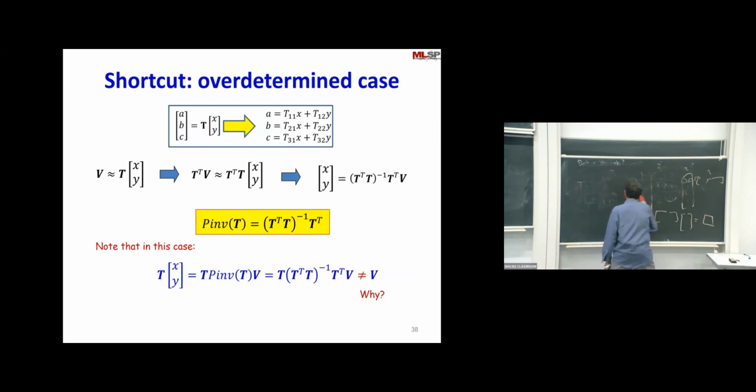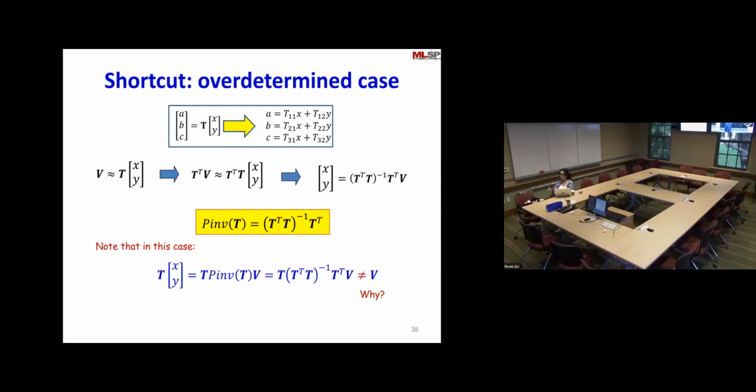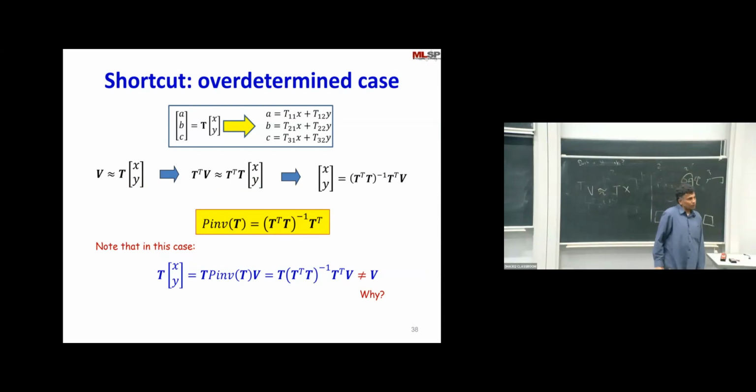Again, I can just say V approximately equals T times x, because you're trying to find the closest point that will match my original P, right? And so I can say T transpose P equals T transpose T times x, because P multiplied by T transpose on both sides.